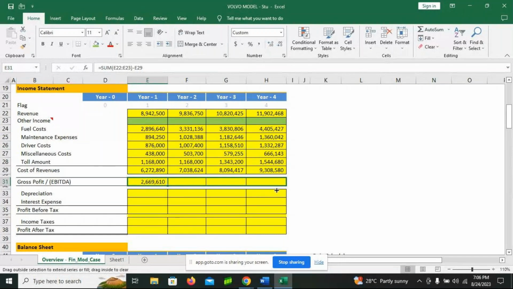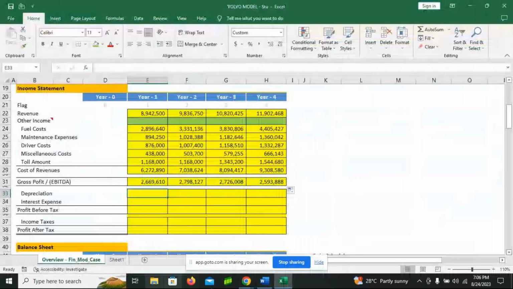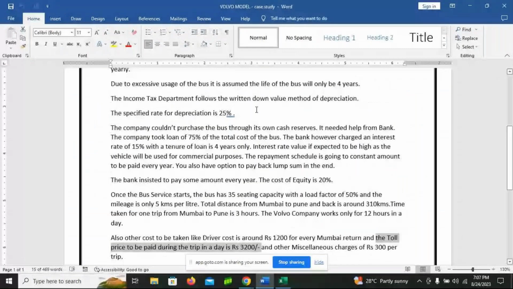Next, depreciation I need to calculate. So depreciation, what they are telling? So the bus life is assumed to be for 4 years.